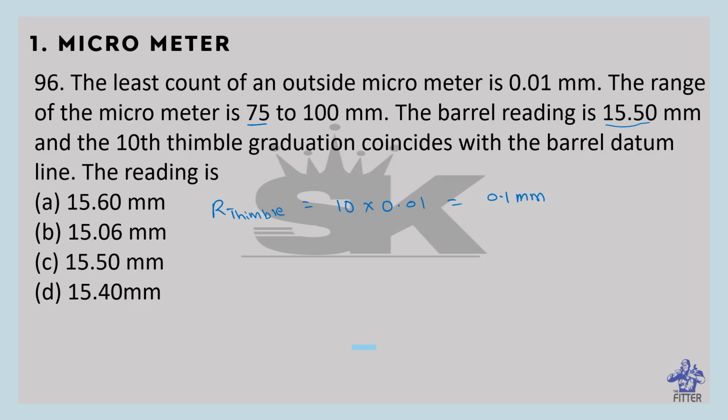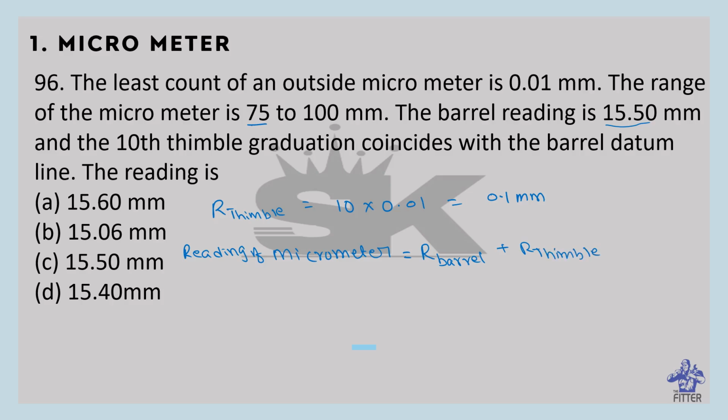And reading of micrometer equals reading of barrel plus reading of thimble.